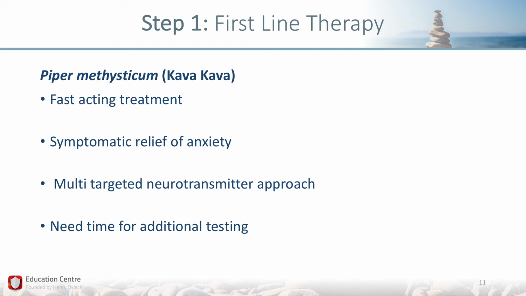The approach for generalised anxiety disorders in terms of a first-line therapy, as mentioned a little bit earlier, really provides a very, very fast-acting treatment option. It is, I'd say, symptomatic relief. Yes, it's working on this whole web of neurotransmitters.